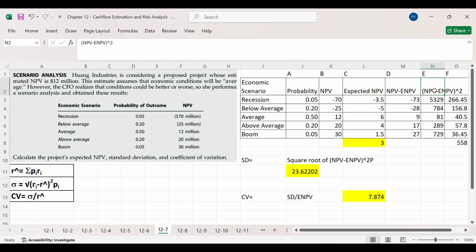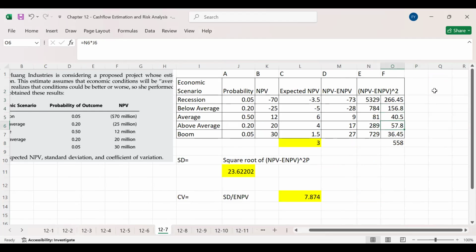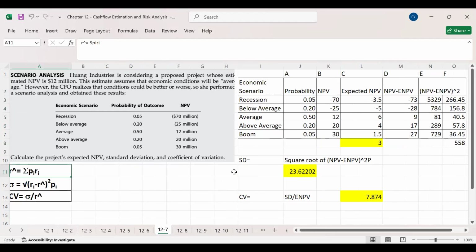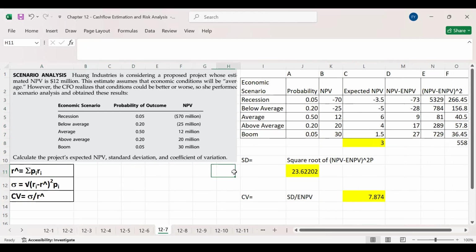So here we have calculated this amount, which is 558, and in the last we took the square root of this. This standard deviation represents the risk of this project, the average risk by considering the probabilities of outcomes under different economic situations.